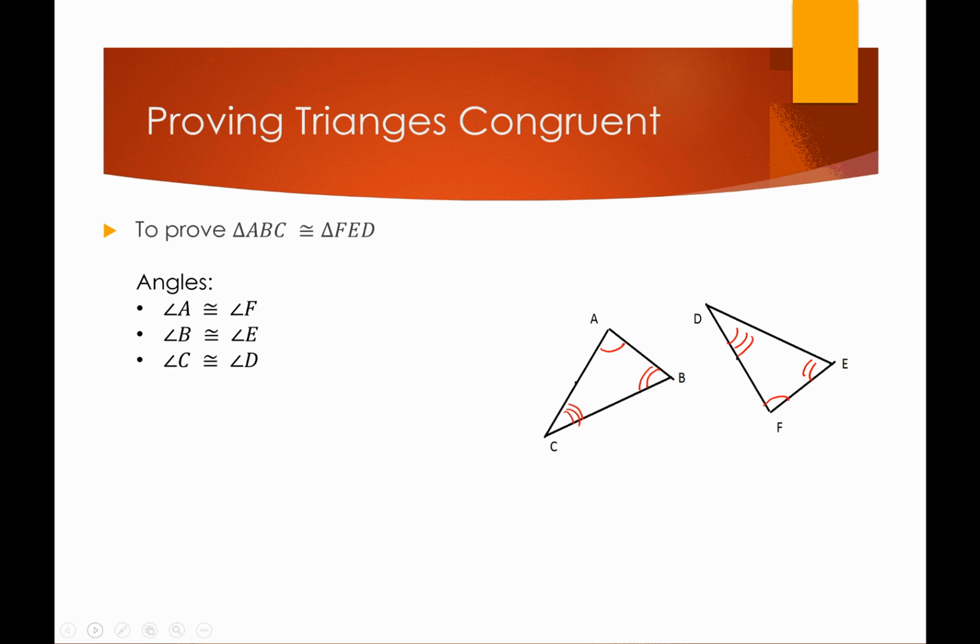We'd have to prove that those angles are congruent, and we would also have to show that all of the sides are congruent. So that AB would be congruent to FE, BC would be congruent to ED, and AC would be congruent to FD.